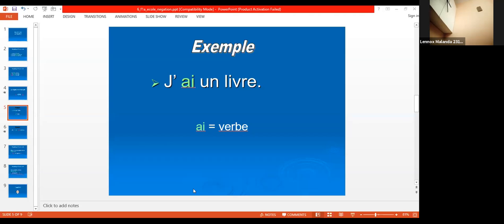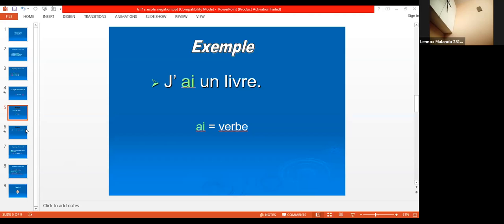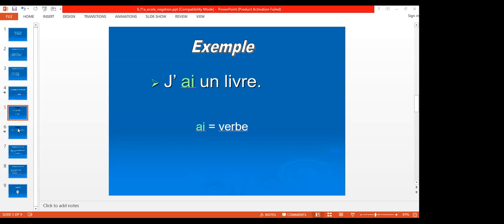When you negate that verb, the verb in this case is j'ai. You don't negate the whole sentence. You just negate j'ai, which has avoir. Now negate avoir. When you negate avoir, it becomes je n'ai pas un livre.